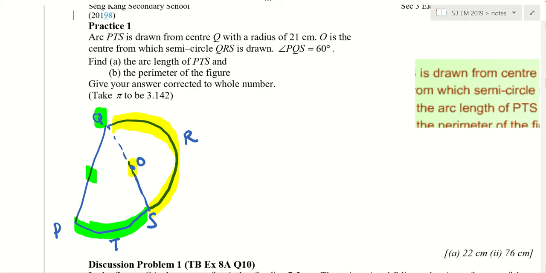So I got two different centers, I got two different radii. Depending on which arc length you are looking for, you use the correct radius and angle. Do you follow? Who doesn't understand? I'll try and explain a little bit more. You need to look at the question first, right? I pause the thing here. Yeah, continue.